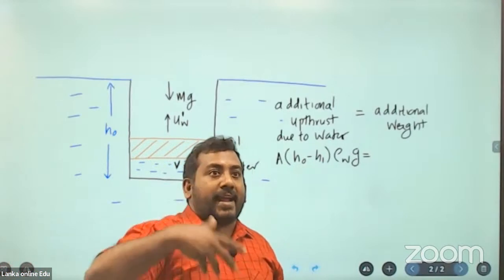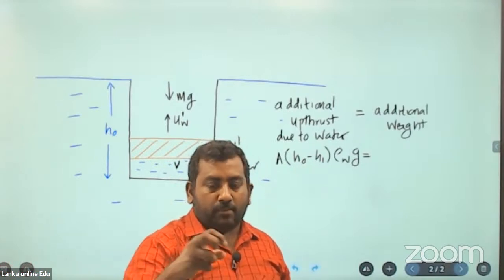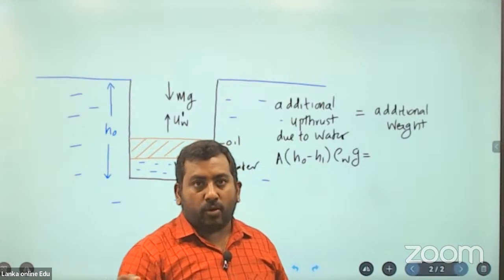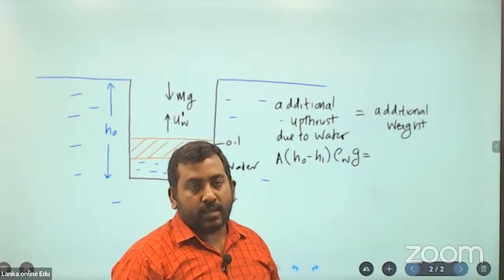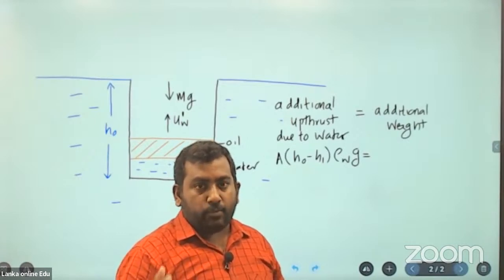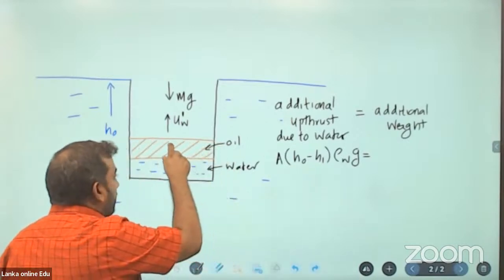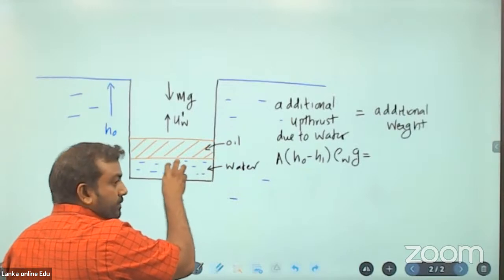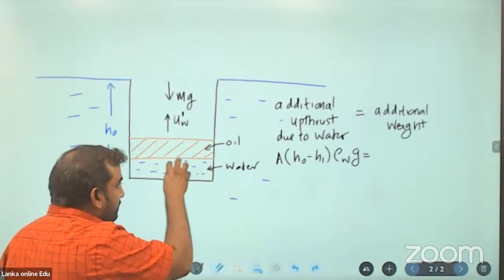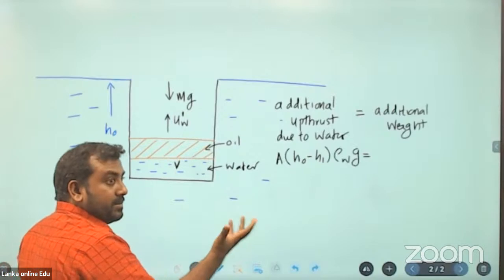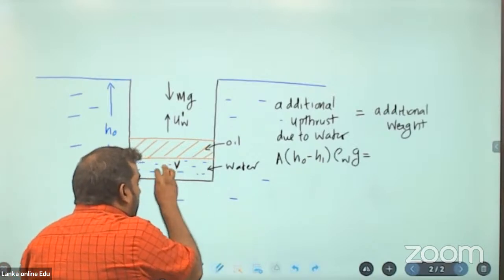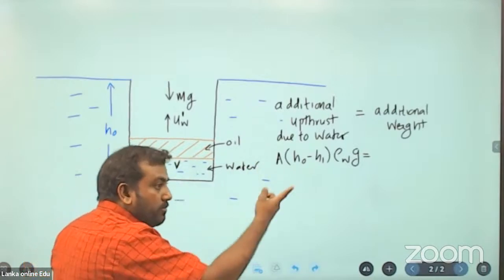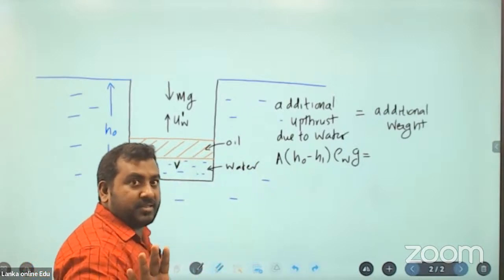Now, tell me where did the weight additionally increase? I removed some oil and put some water. Some oil is still there, but I replaced it here. That means whatever you replace is heavier than what I removed. Understood?